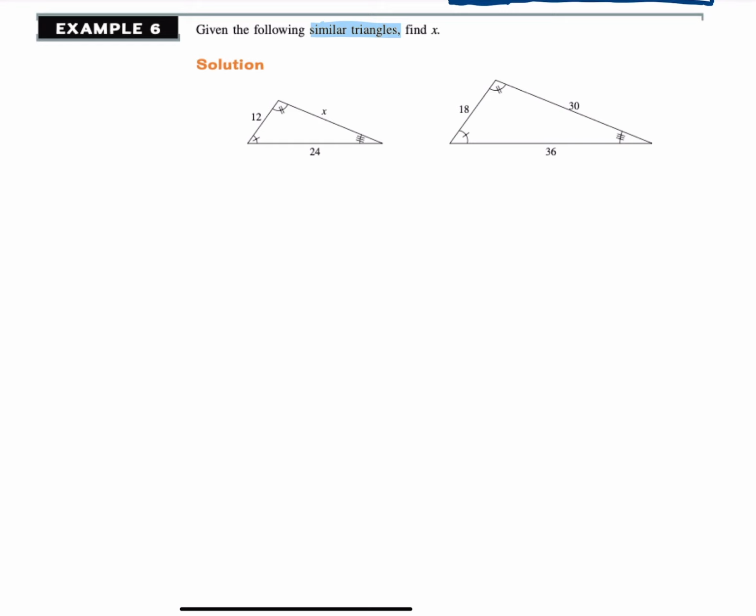And let me just write it out. So this is a key thing if you see this idea of similar triangles. Similar triangles have proportional corresponding side lengths.